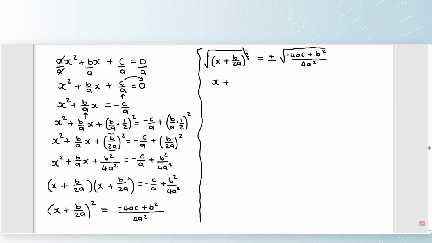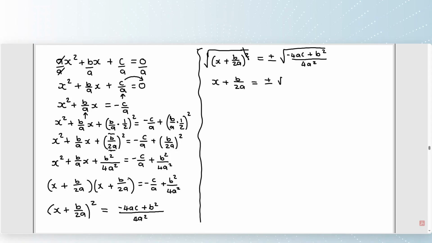Square root cancels the square. x plus b over 2a equals plus or minus. I want you to look at the denominator. 4 can be crushed by a square root, it is 2. a squared can be crushed by a square root, it's just a.